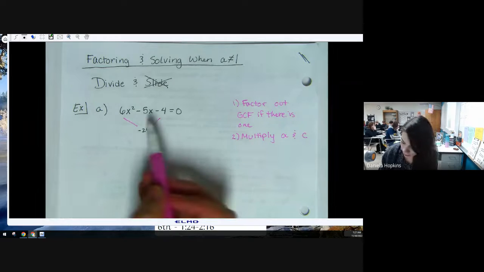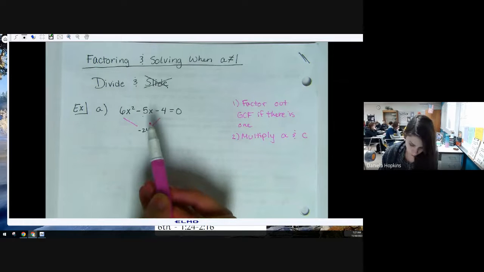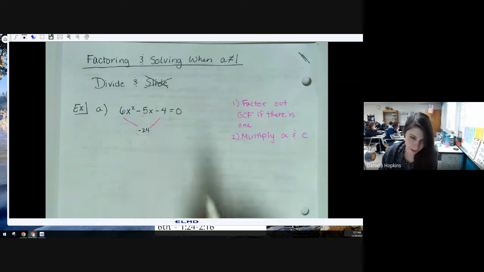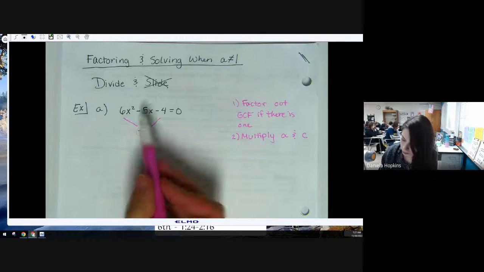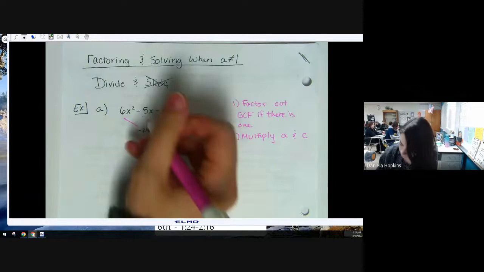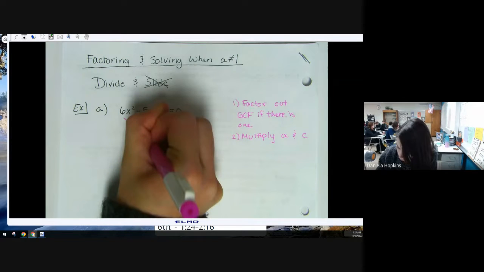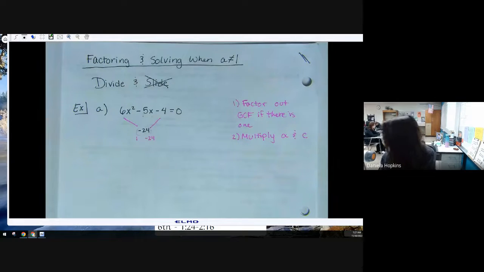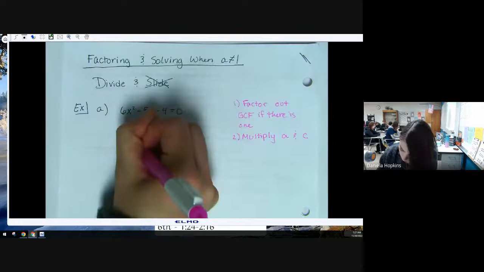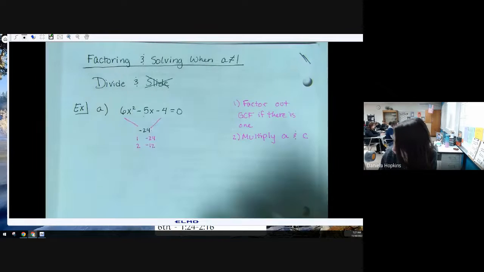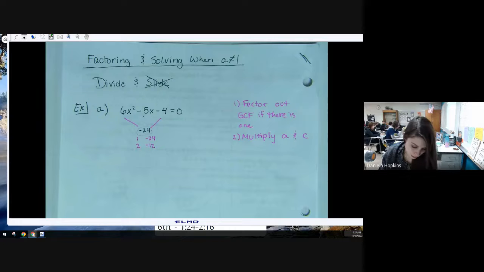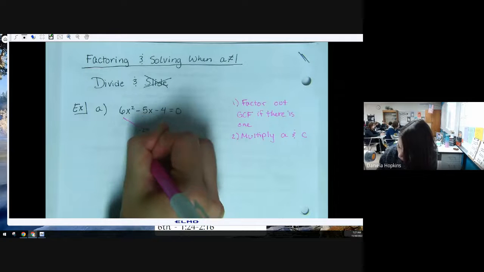And then I'm adding to a negative number here, so I want to find factors of negative 24 that add to negative 5. If it adds to a negative number, the bigger part needs to be negative. So it would be 1 and negative 24. That adds to negative 23. That doesn't work. 2 and negative 12. We're getting closer. That adds to negative 10. How about 3 and negative 8?